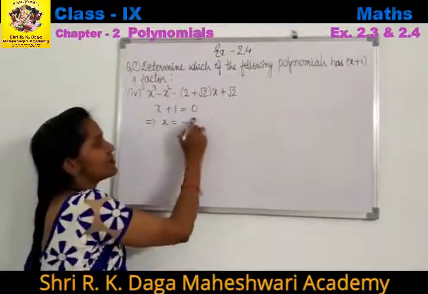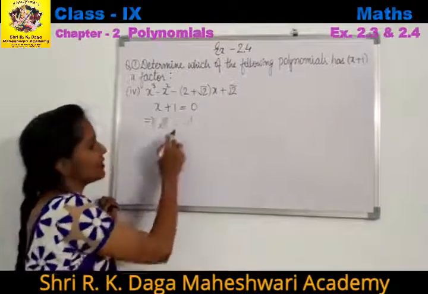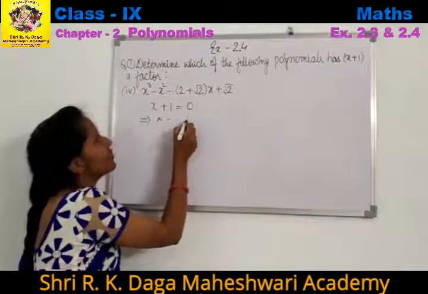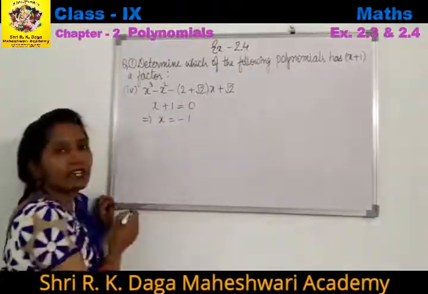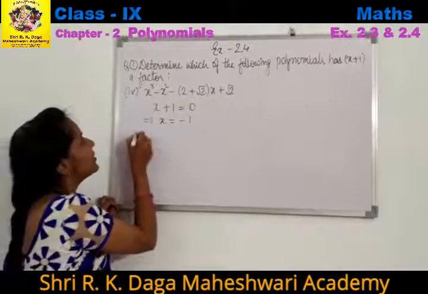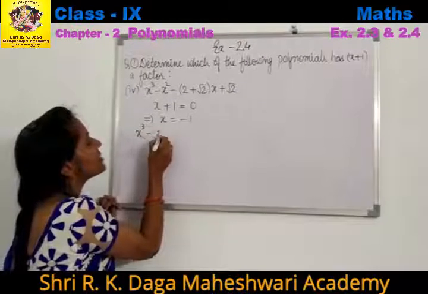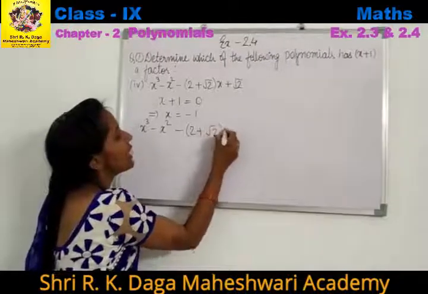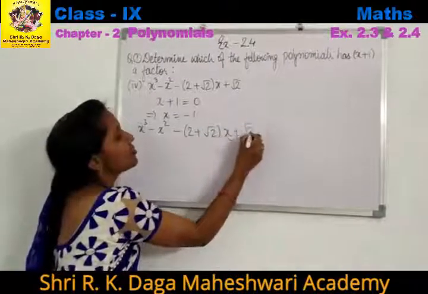When we shift this plus 1 to RHS, it will be minus 1. Now put the value of x equal to minus 1 in the given polynomial, x cube minus x square minus 2 plus under root 2 x plus root 2.